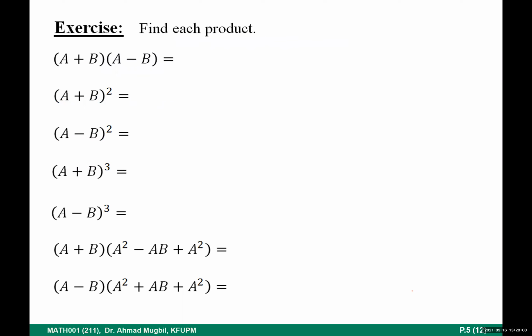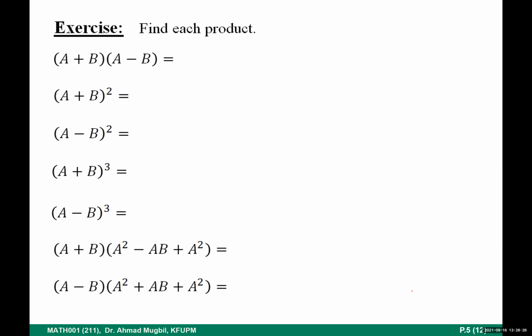Now, what I want you to do, ya shabab, is to find each of the following products. And I don't want just the final answer. I want the detailed solution, how you obtain the final answer. So please just apply what you have learned so far. Apply the FOIL: first by first, outer by outer, inner by inner, then last by last.